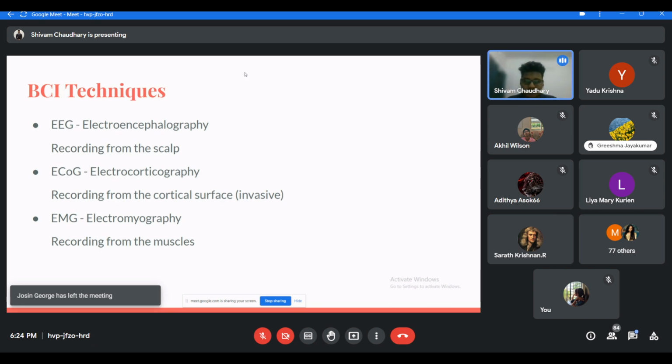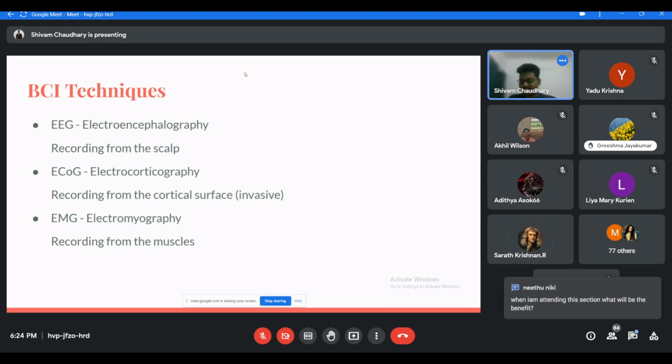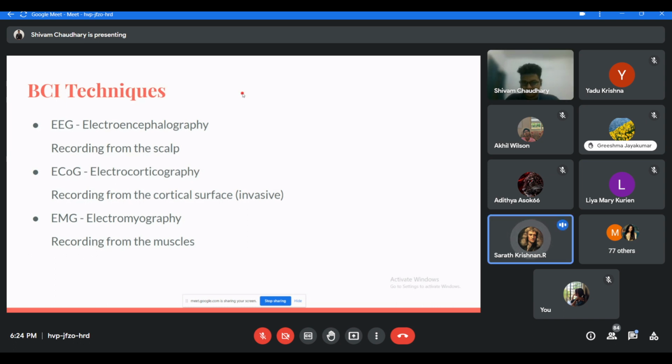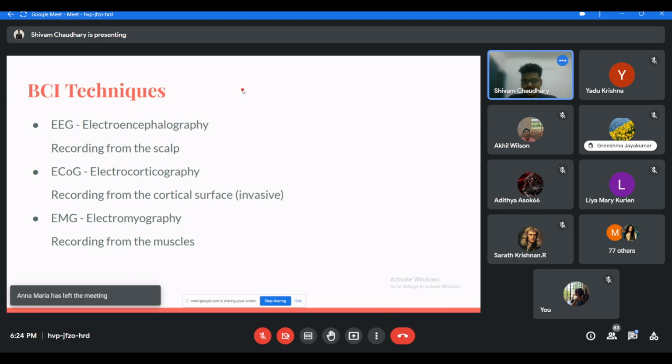So you won't be able to use all three of your limbs simultaneously unless you train your brain. That's called neuroplasticity. Am I clear? Did I answer your question? Yes, but we need to design our brain and train our brain to do that further task. Yes.